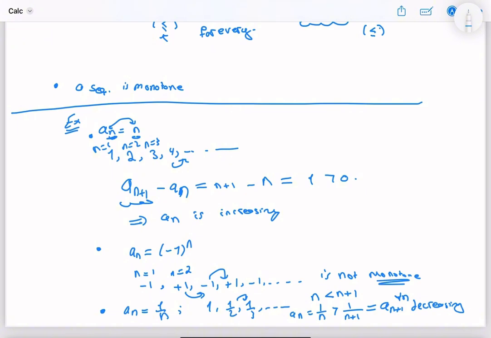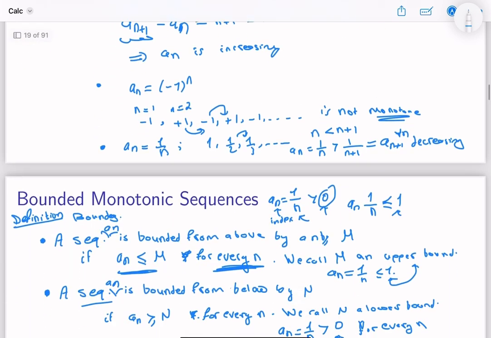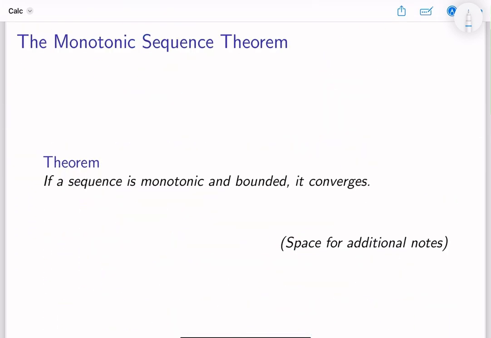And now that we defined monotone sequences and bounded sequences, we're ready to talk about our new tool in deciding whether or not a sequence is convergent or divergent. So here's the theorem in the most simple words. A sequence that is both monotone and bounded is convergent. Okay?